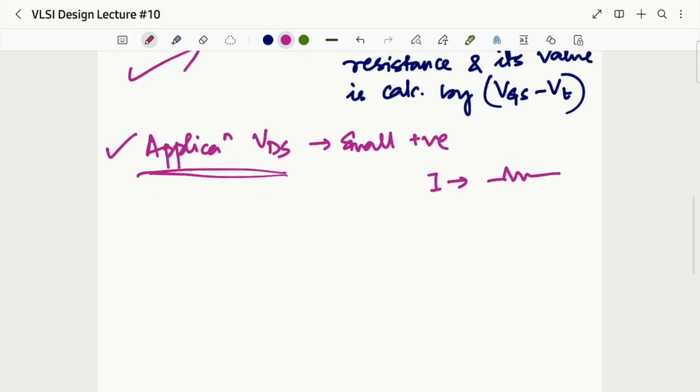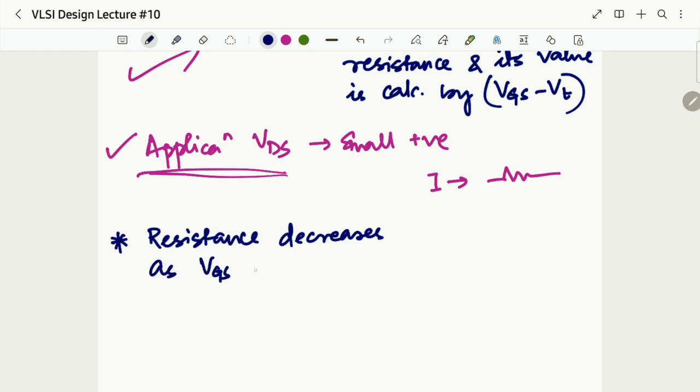Now the second point is that this linear resistance, due to the application of small values of VDS, decreases as VGS is increased well above the threshold voltage VT.